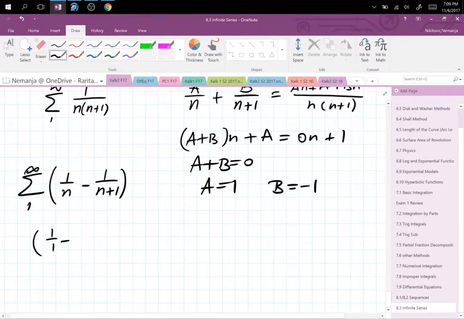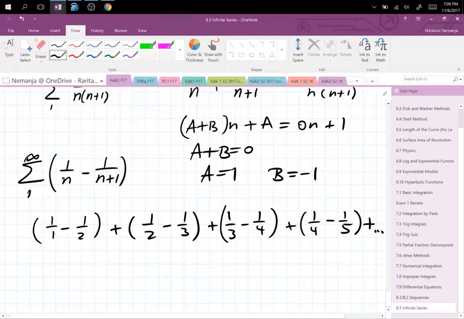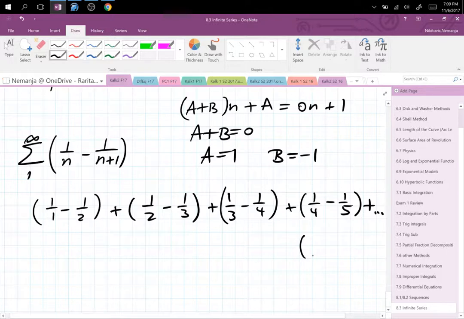So we have 1 over 1 minus 1 over 2 plus 1 over 2 minus 1 over 3 plus 1 over 3 minus 1 over 4 plus 1 over 4 minus 1 over 5. Then on the back end, 1 over k minus 1 over k plus 1.